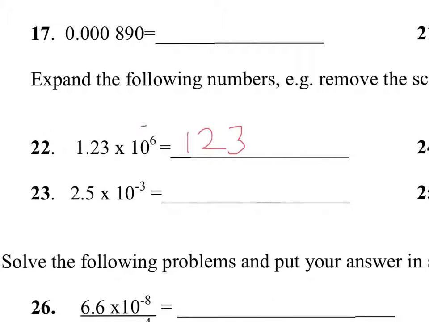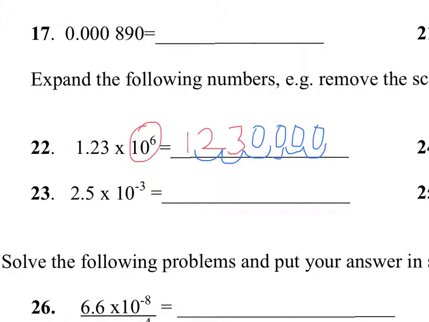Now the power over here, times 10 to the 6th, means we need to move the decimal point 6 places to the right. So the decimal point starts here, and we're going to go 1, 2, 3, we'll have to fill in a 0, 4, fill in another 0, 5, another 0, 6, and another 0.